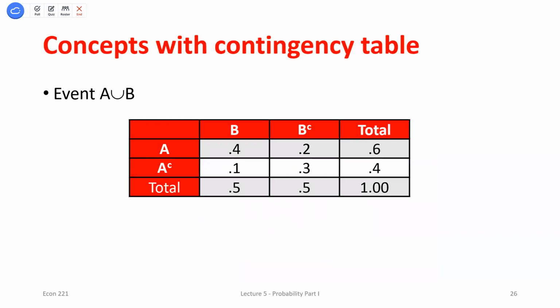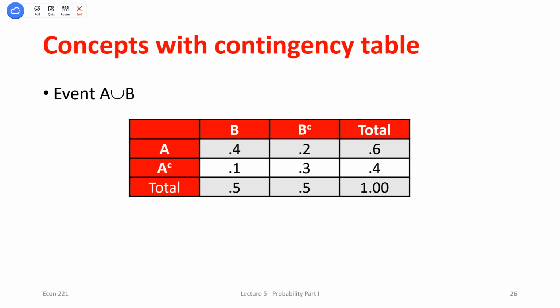On a contingency table, how could I find the probability of A or B? If the union is just the probability of each event added together, minus what's in both, how can I find that from my contingency table? I can't find it directly, but remember, these top left cells represent intersections of whatever the row and column headings are, and the totals represent the probabilities of the events themselves.